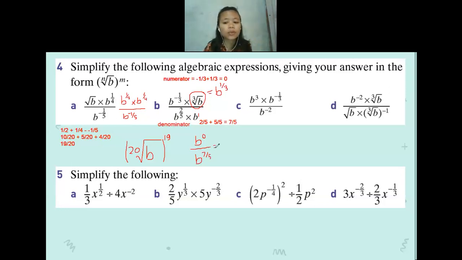Everything to the power of 0 is equals to 1. We write it as 1. And then for b to the power of 7 per 5, we can directly change it into root form. So it will be 7 root of b to the power of 5.